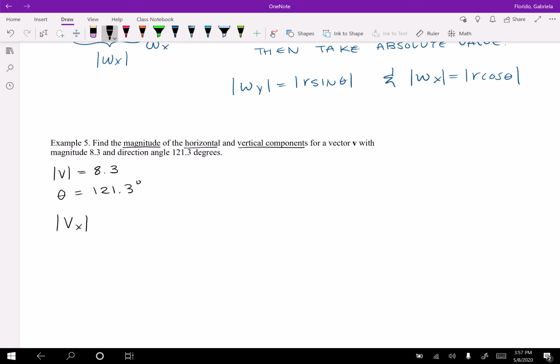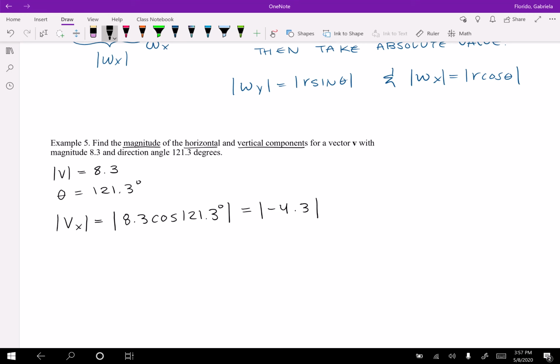So vx denotes the horizontal component, and so this is equal to the absolute value of the magnitude of my vector v, which is 8.3, times, in this case, cosine. Sorry, we're doing vx, the horizontal component. So 8.3 times cosine of 121.3 degrees. So that's going to give us the absolute value of negative 4.3.